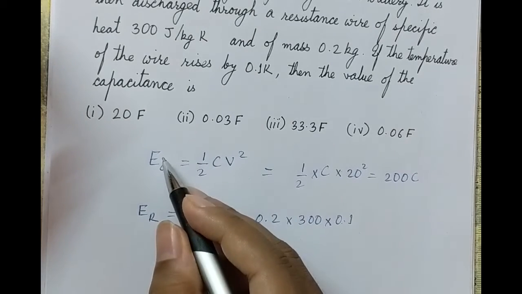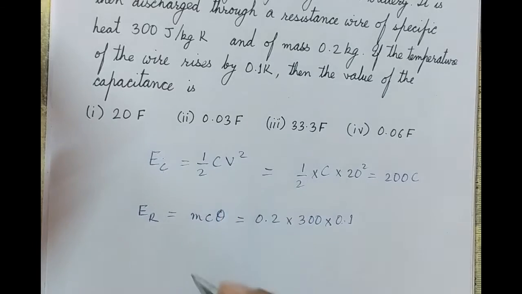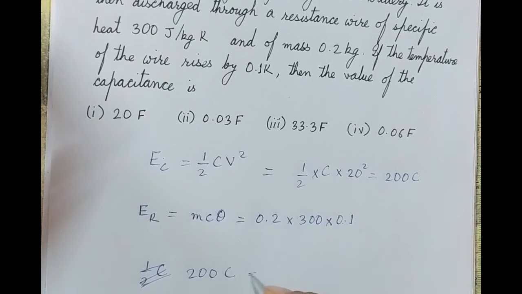So now since this energy is converted to this, we just equate the two energies. So that gives us 200 C, which is from here, is equal to, just right here, EC is equal to ER. EC is 200 C, that is equal to 0.2.